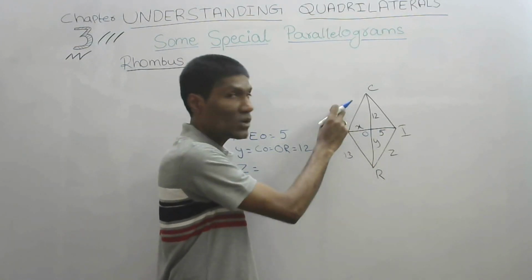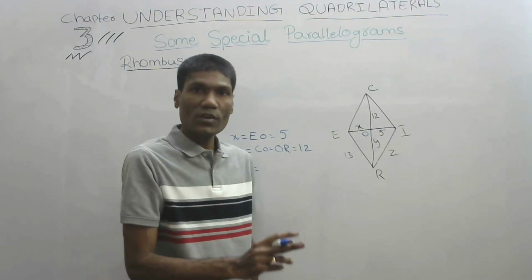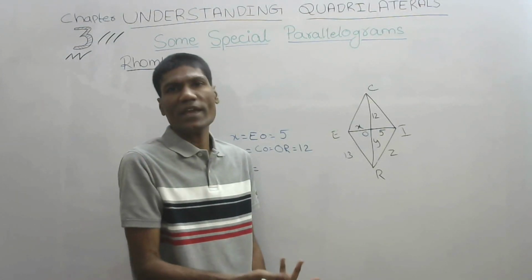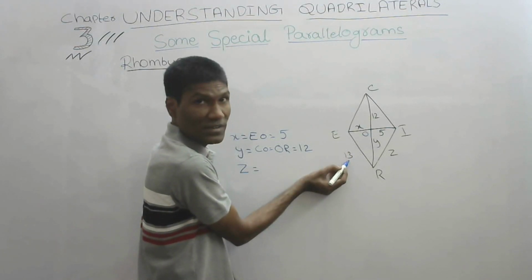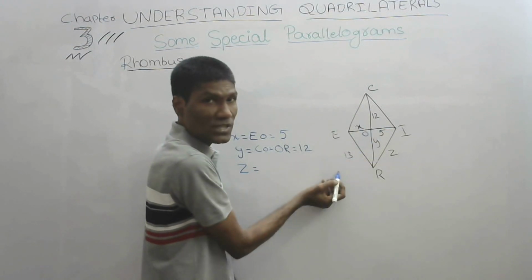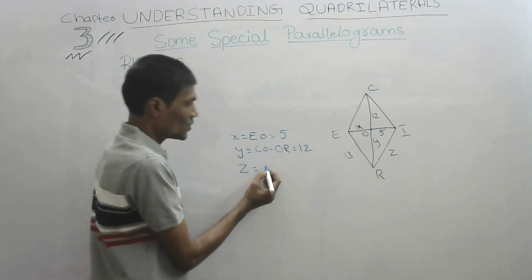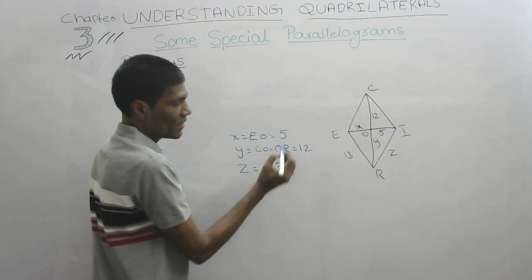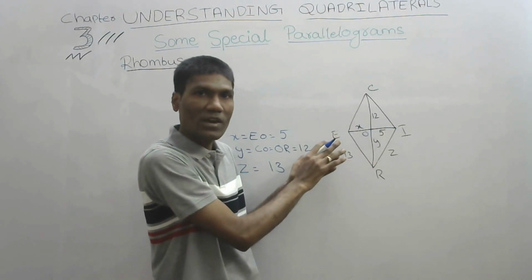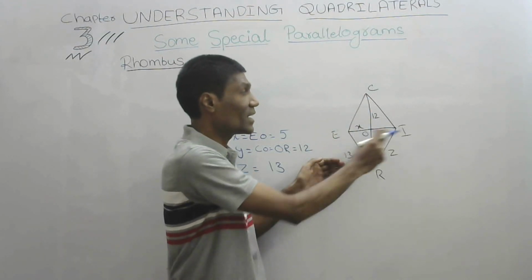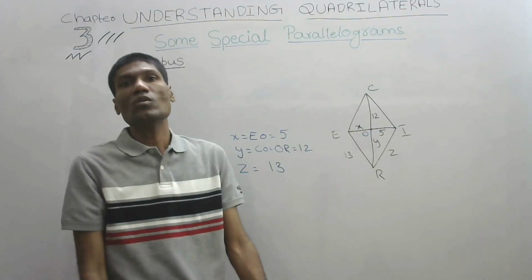Not only opposite sides, all four sides are equal. So if we know one side, we can find any side. Here, one side is given as 13. So as all four sides are equal, this is also 13. So z equals 13. So in a rhombus, all four sides are equal and diagonals are perpendicular bisectors of one another.